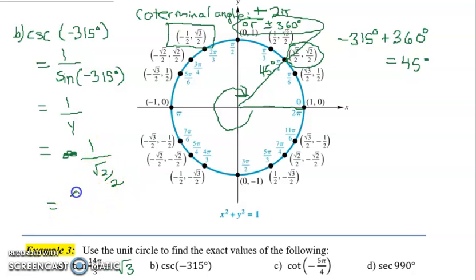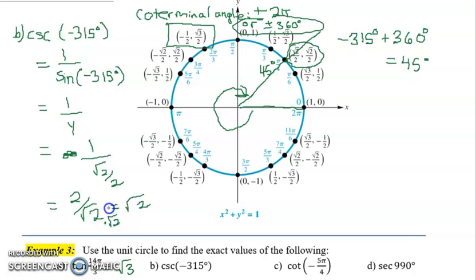And so you could just flip it, 2 over the square root of 2. That does simplify to the square root of 2. Either answer here is fine with me. I believe Alex will accept either answer. If you're wondering why it is equal to the square root of 2, it's a matter of rationalizing the denominator. So you have the square root of 2 on the bottom.